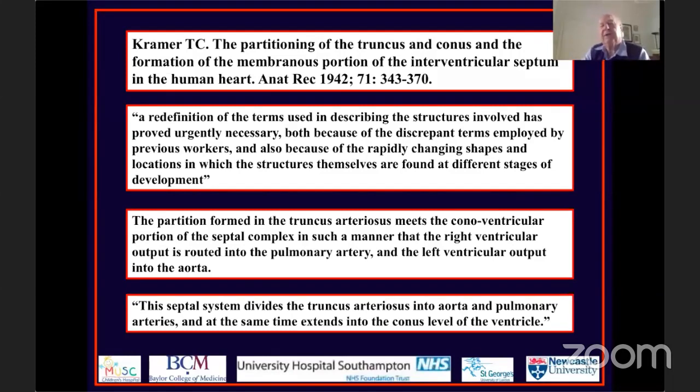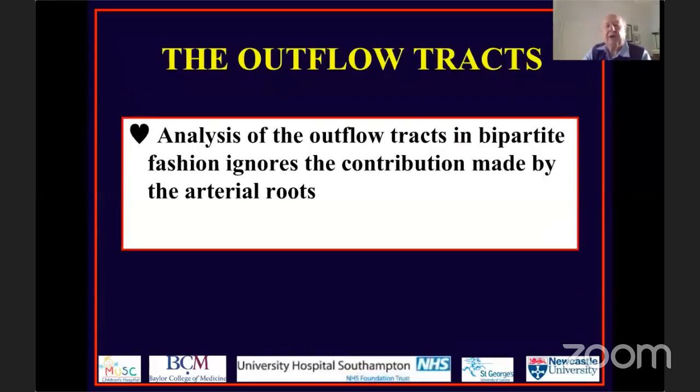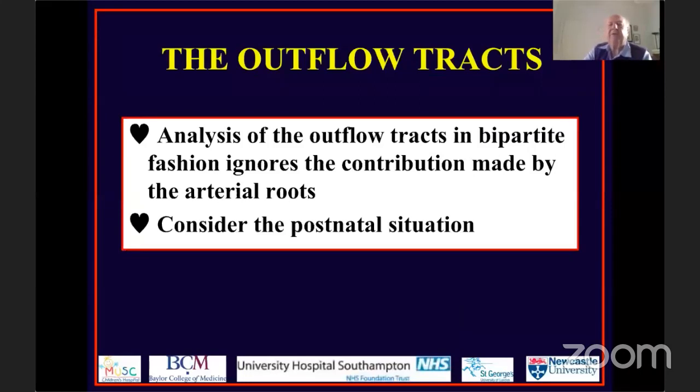So what he is talking about as the truncus is the component of the outflow tract that becomes the intrapericardial arterial trunks. Now, to me, the problem with the approach taken by Kramer is that it ignores totally the contribution that are made to the outflow tracts by the arterial roots.